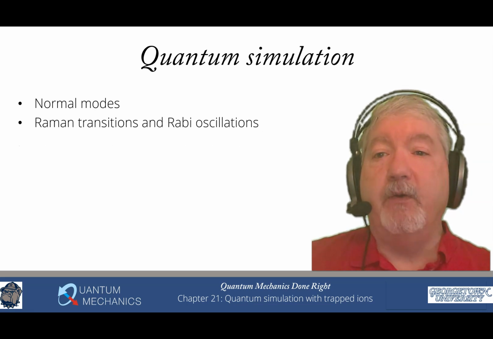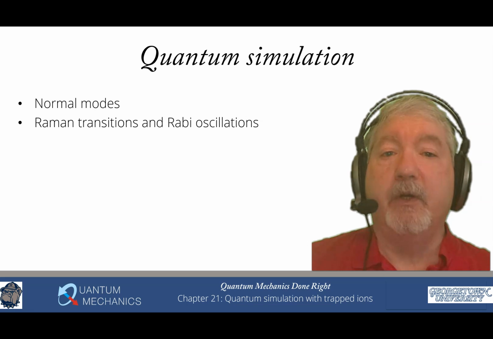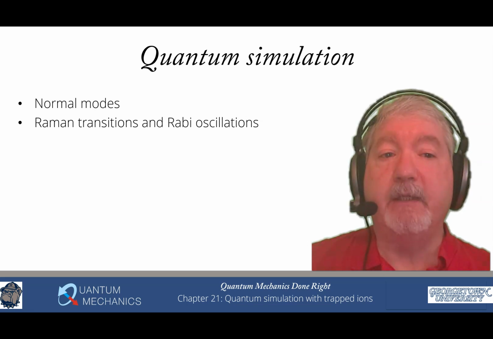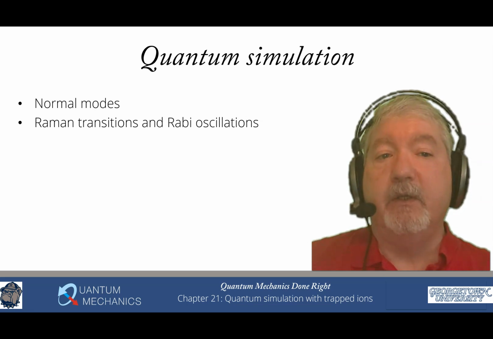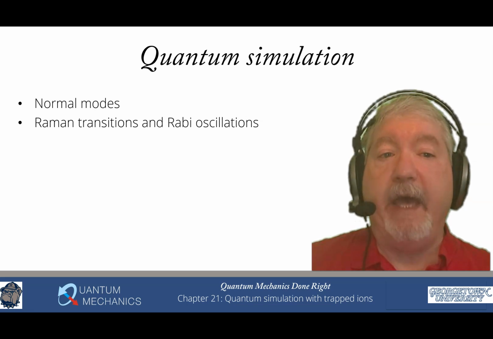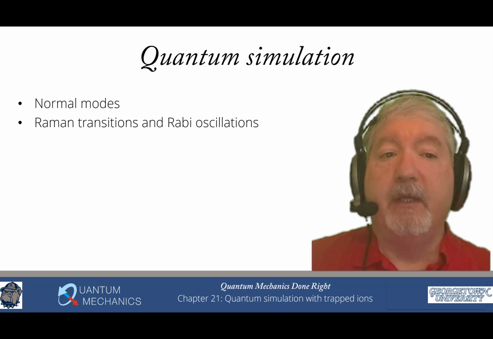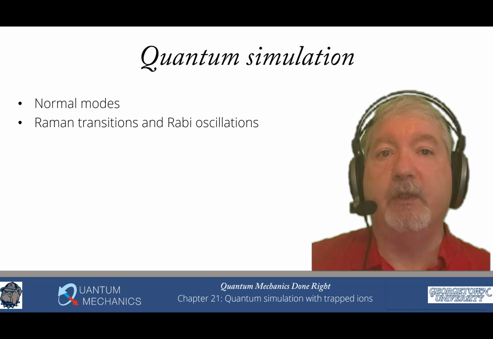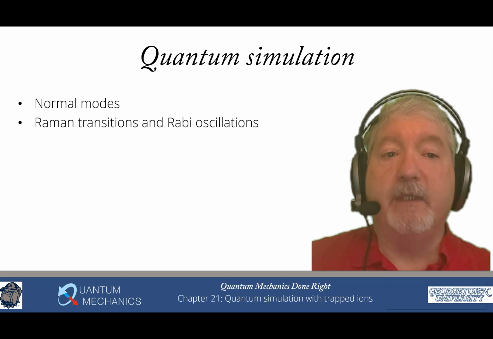After you have those phonon modes, we talk about what are called Raman transitions and Rabi oscillations. This is how you can do light interaction with the atoms and the ions that are present in the trap. The Rabi oscillations allow you to show that you can control the quantum state, the spin of the quantum state.